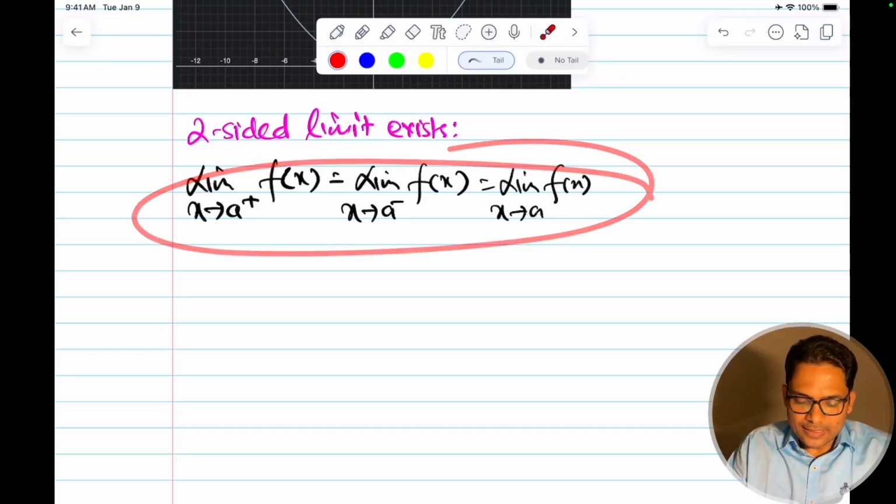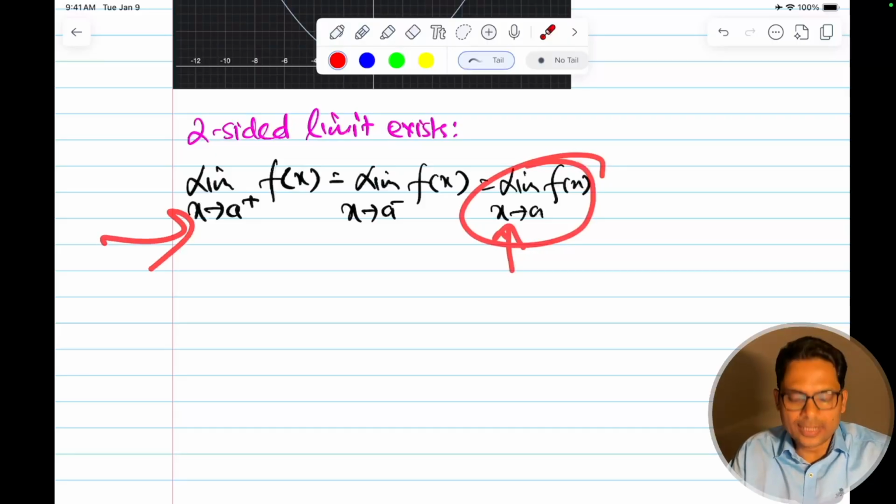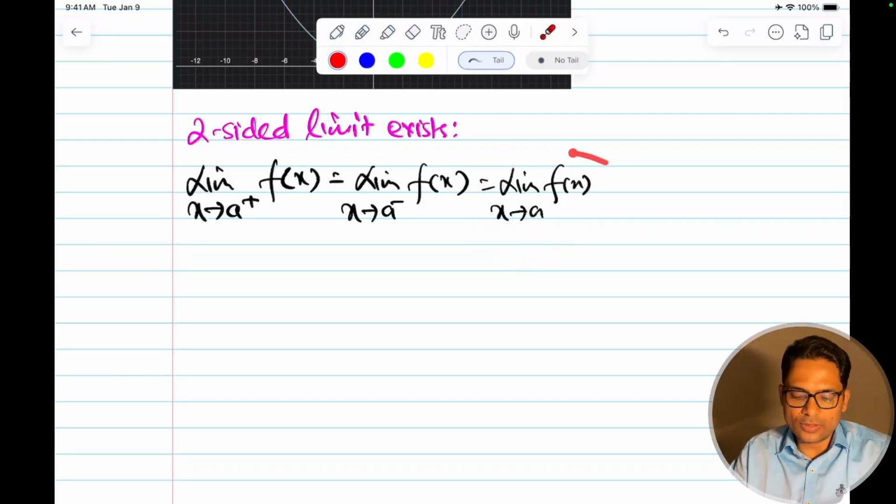This is what we say, that a limit exists at a given point, and this is one of the criteria for continuity. When we discuss all the criteria for continuity, I'll list this point down again. I hope limit is clear.